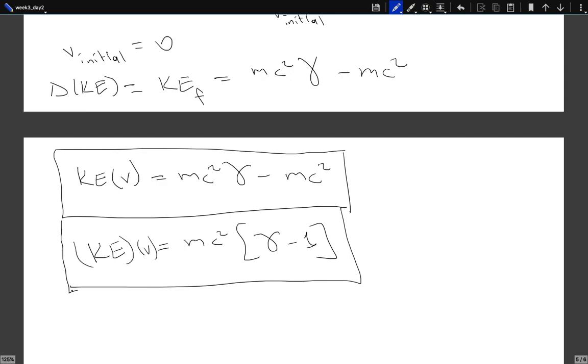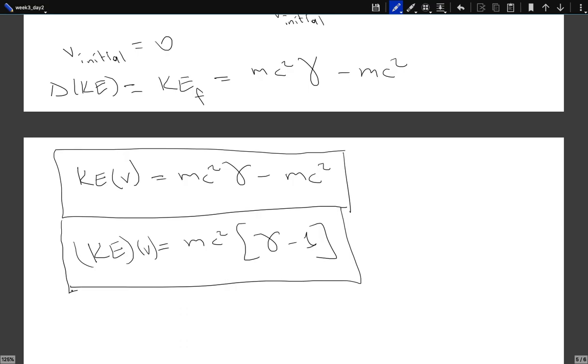Now, what about the energy of the system? Because in mechanics, you define the energy of the system as the kinetic energy plus the potential energy. Well, here there's no potential energy, except maybe some energy of the object due to its existence, not due to its speed, but its existence.